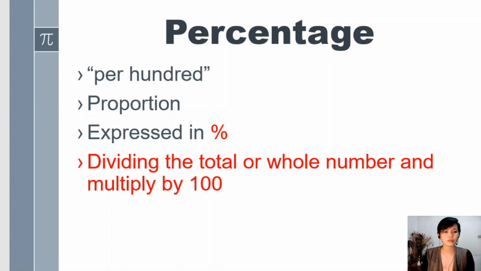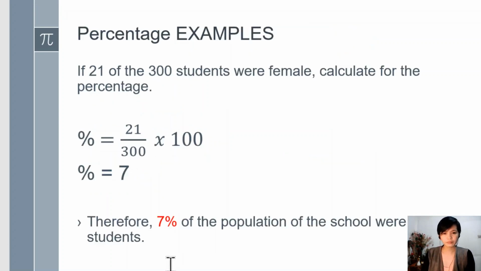So let's have an example. If 21 of 300 students found were female, calculate the percentage. So let's have your formula. Percentage: divide that one by the total whole number, then multiply that by 100.